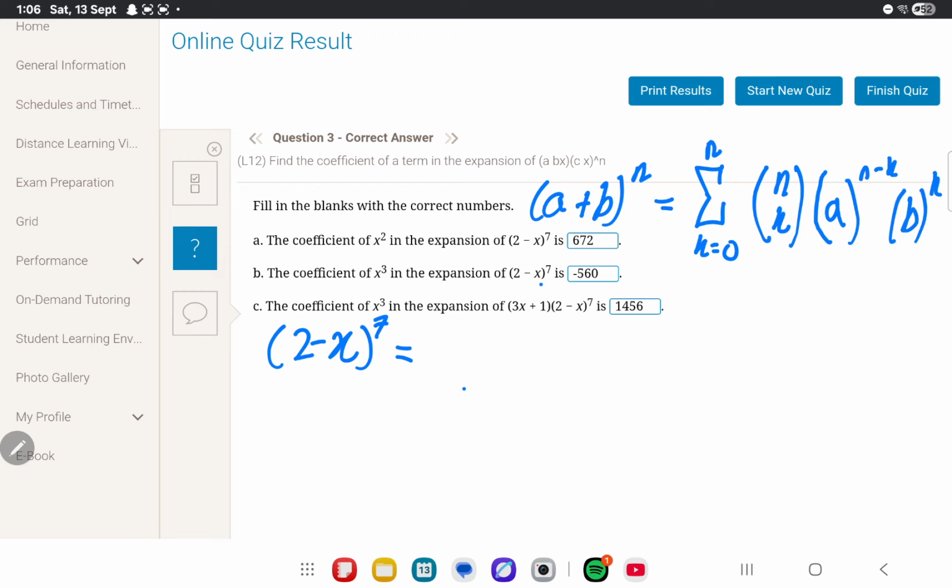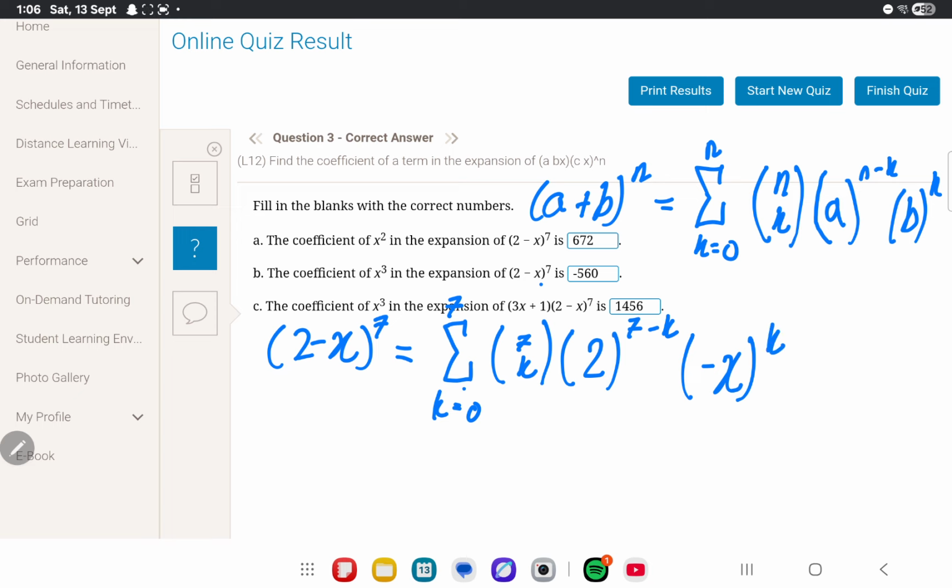Just as a quick refresher, but I'm assuming you all already know this. So sum k equals 0 to 7, n is 7, 7 C k, a in our case is 2 to the power of 7 minus k, b to the power of k, b is negative x to the power of k.